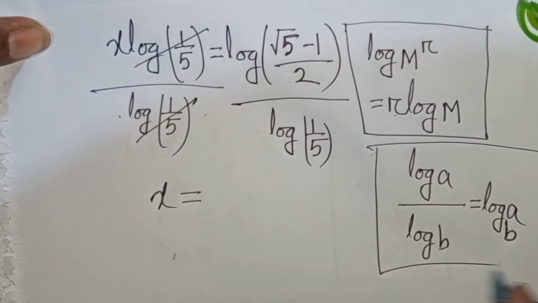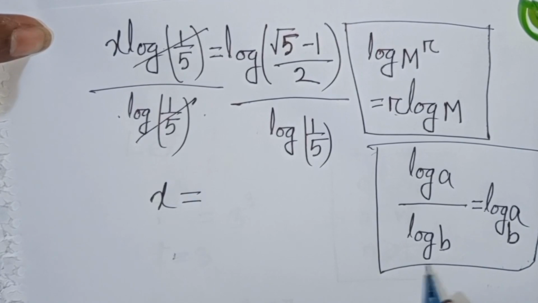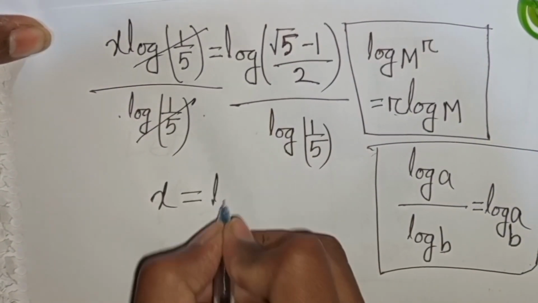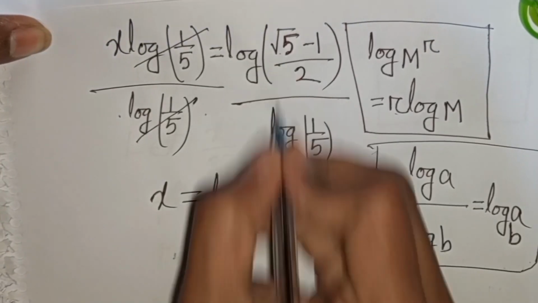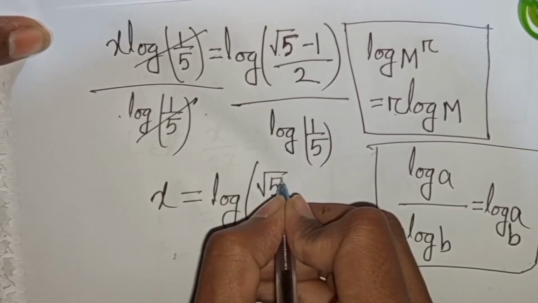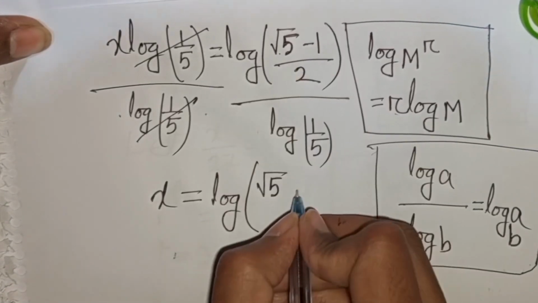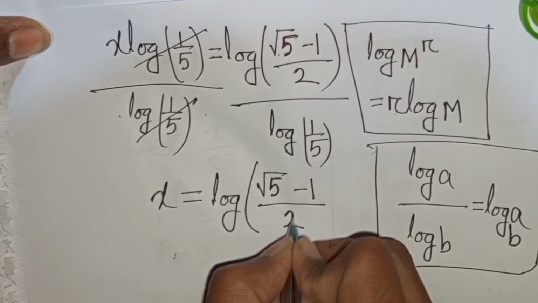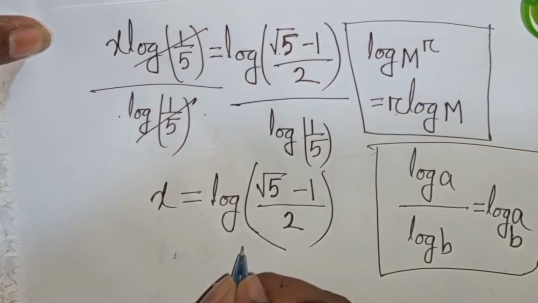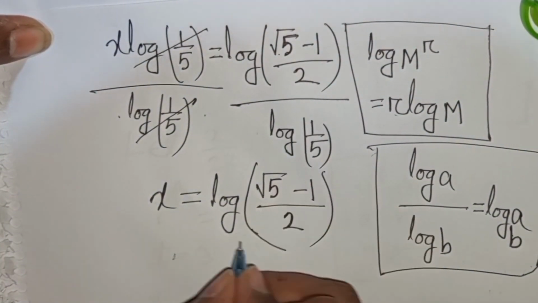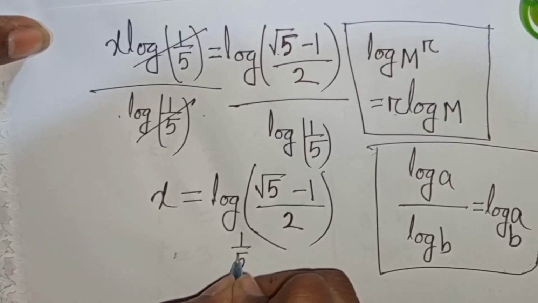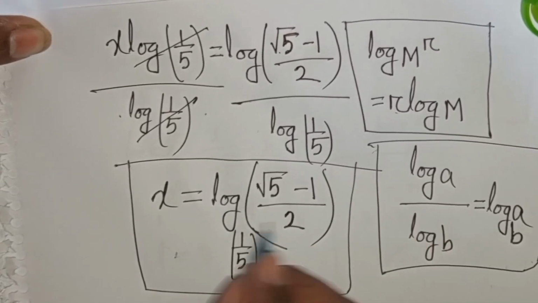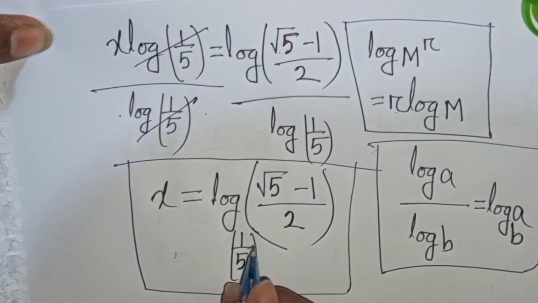So according to this formula, it will be log of square root of 5 minus 1 over 2, then base 1 by 5. So this is the value of x. So this is our final answer.